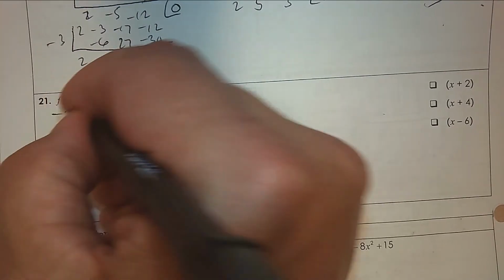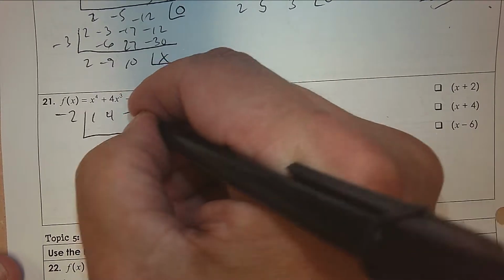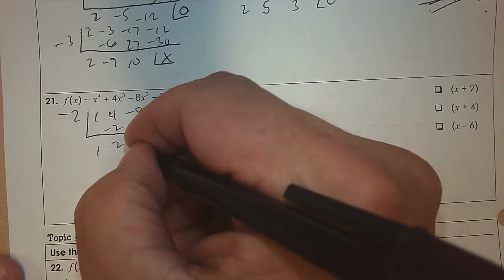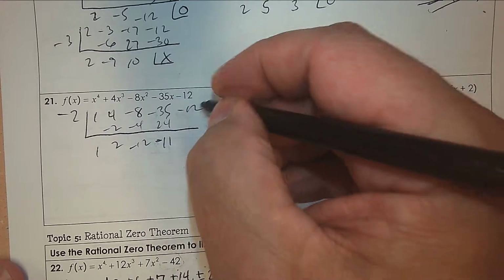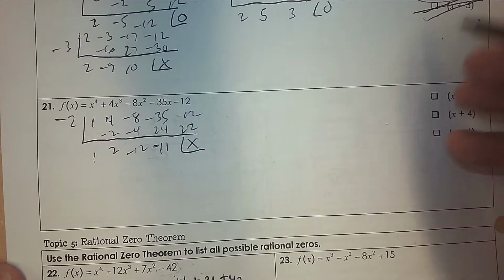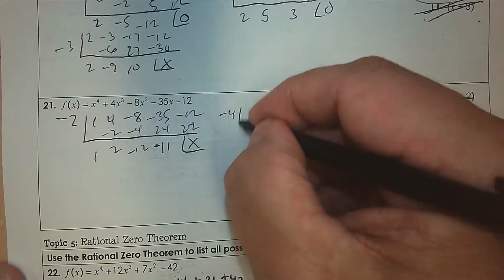Again, how do I know if it's a factor? Start with the 0. We're seeing if the remainder is 0. This one doesn't work. -4.